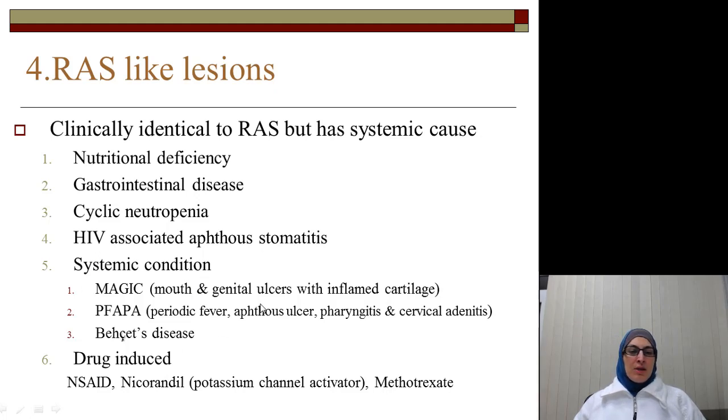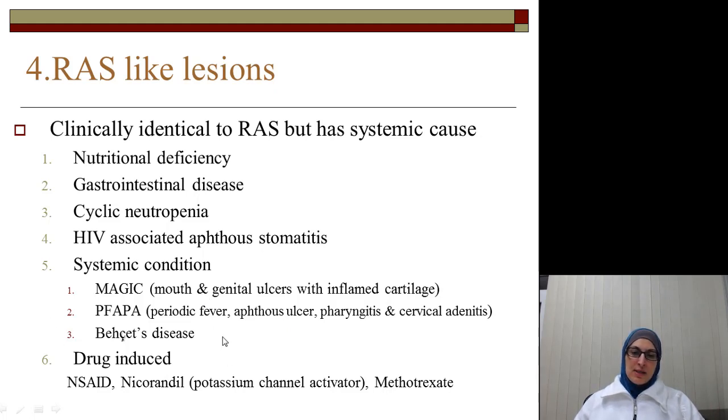There are different systemic conditions, including MAGIC, which is mouth and genital ulcers with inflamed cartilage, or PFAPA, which is periodic fever, aphthous ulcer, pharyngitis, and cervical adenitis. These are very rare inflammatory conditions, and the patient tends to develop ulcers in addition to other features.